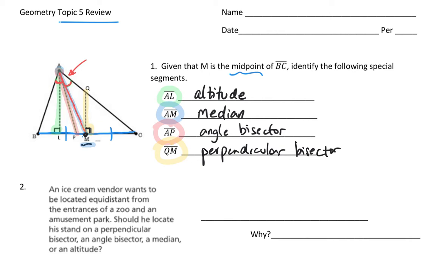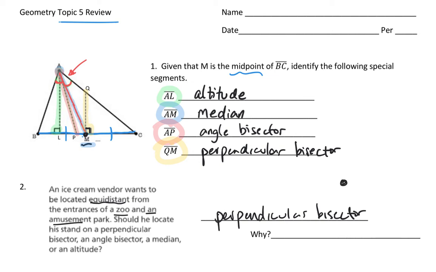Cool. Up next, an ice cream vendor wants to be located equidistant from 2 points. Just thinking back to my definitions, equidistant to 2 points, I know that the answer is perpendicular bisector. That's the one thing that we learned about a perpendicular bisector.